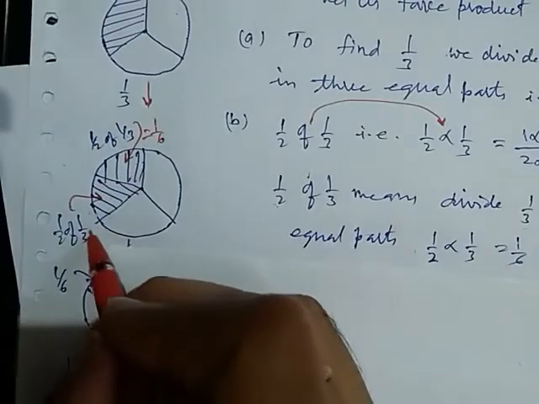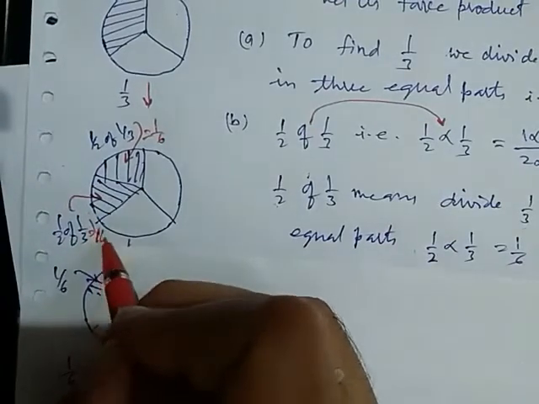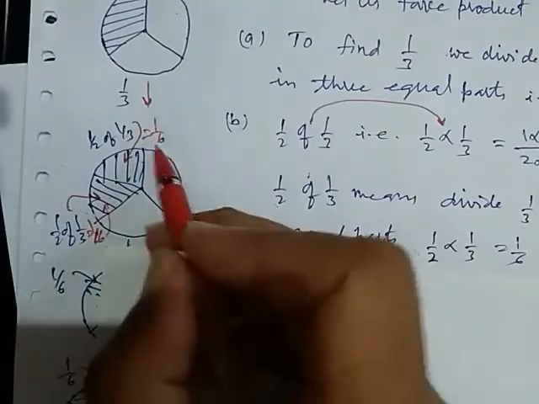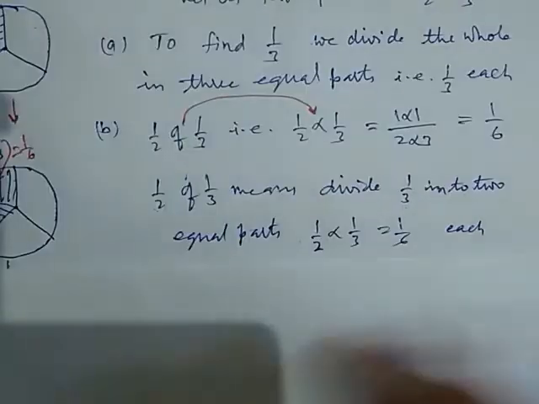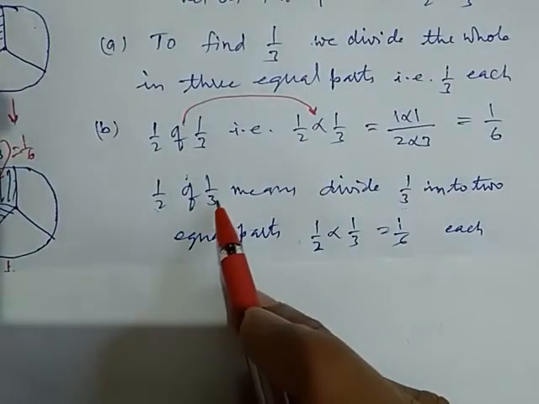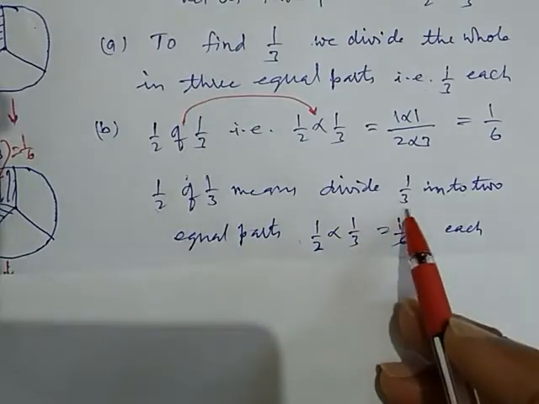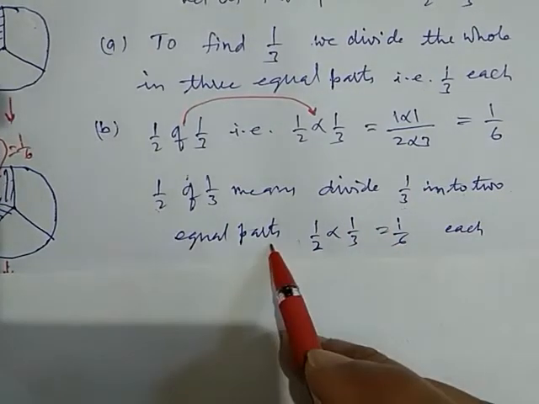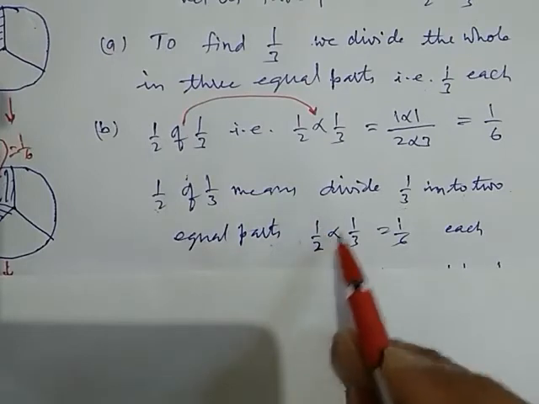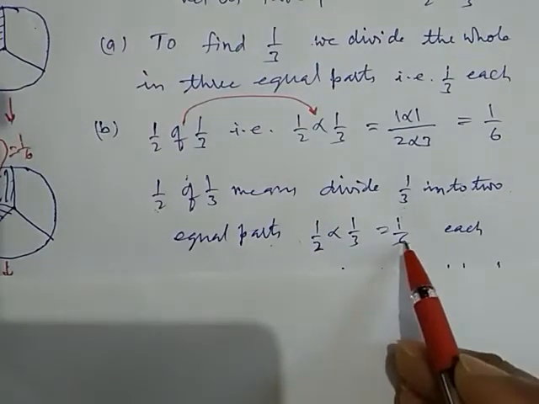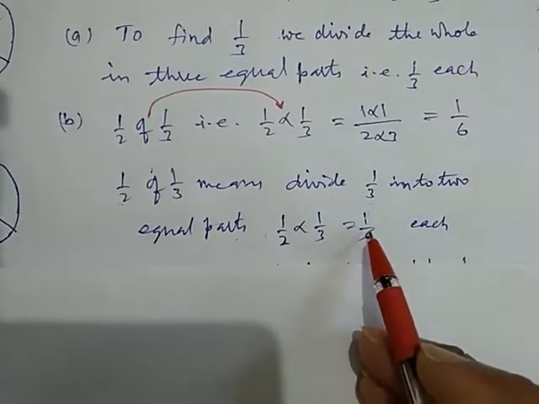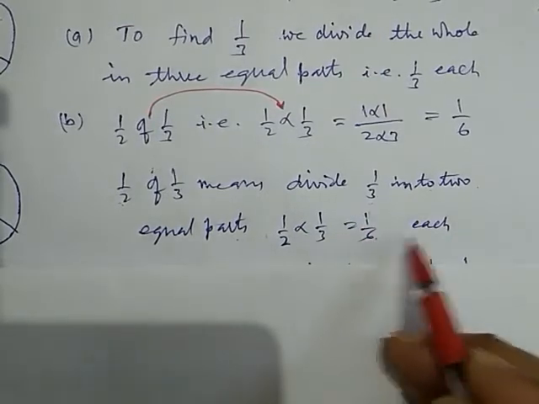So half of 1/3 means divide 1 by 3 into 2 equal parts. 1 by 2 into 1 by 3 equals 1 by 6. So both the equal parts are the same, 1 by 6 each.